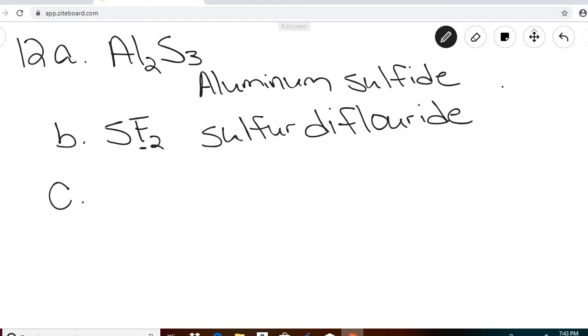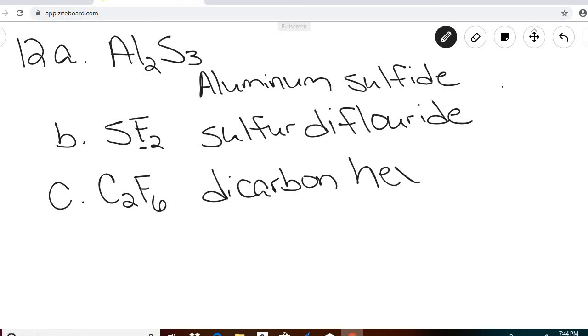Okay, then we have C2F6. So again, this is covalent, 2 nonmetals. So this would be dicarbon. And then for 6, it's hexafluoride.